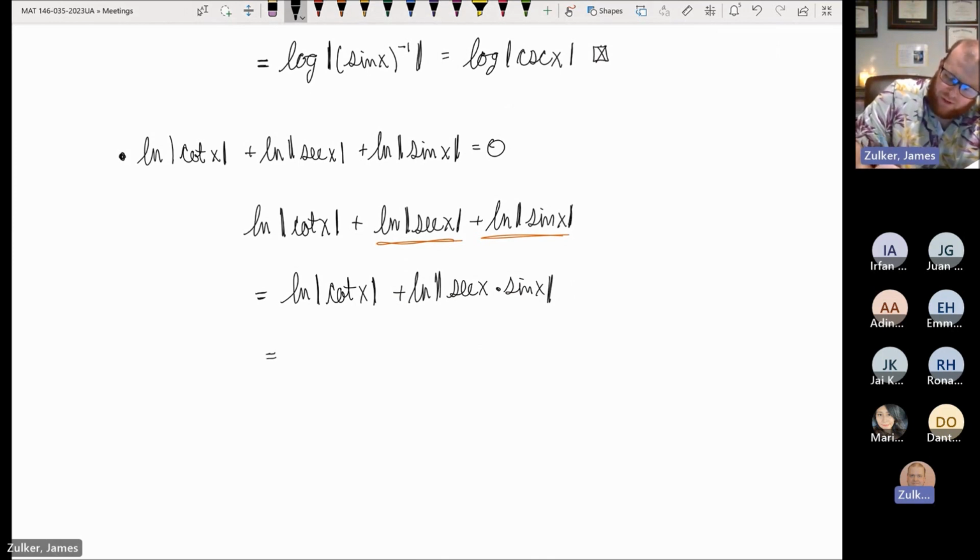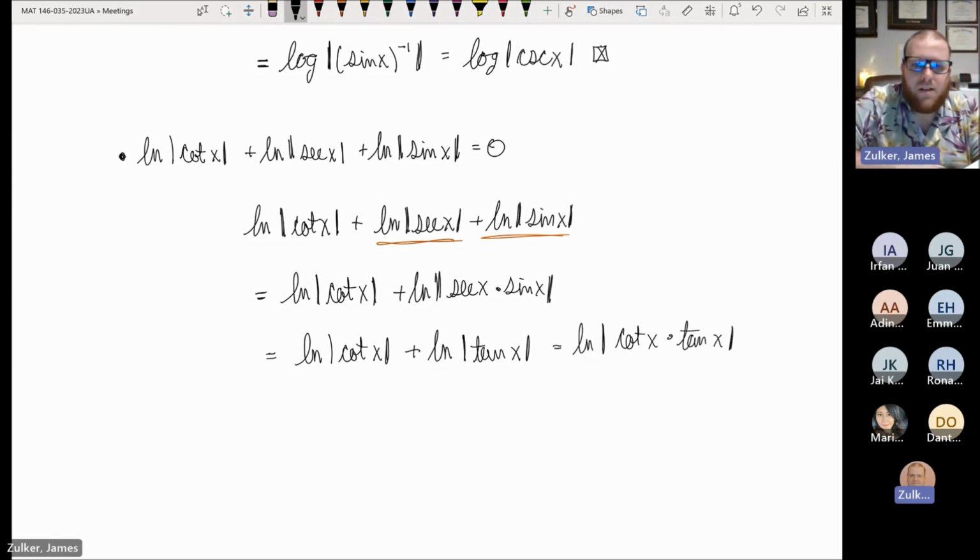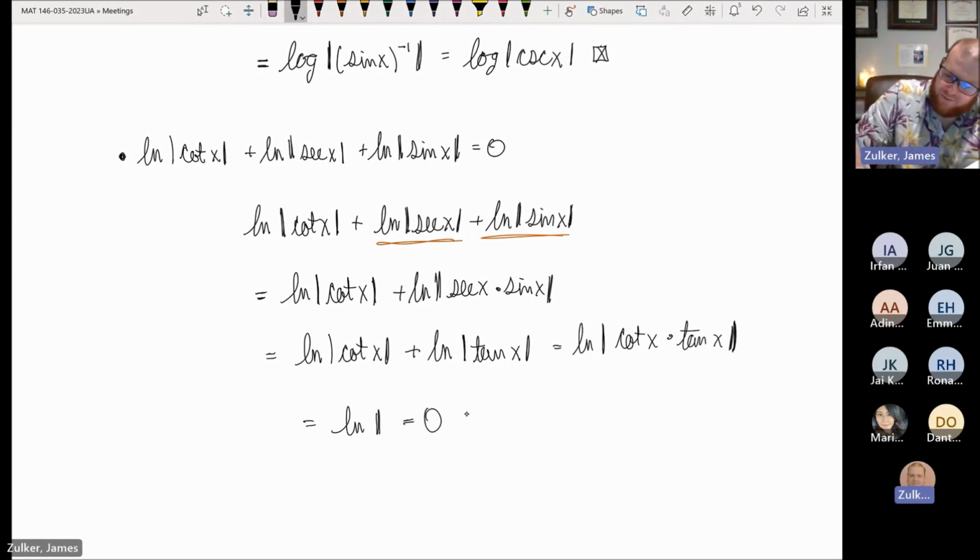But remember, we saw in the first segment that secant times sine is tangent. Now we can write this as cotangent times tangent, which is just 1. And of course, that does equal 0.